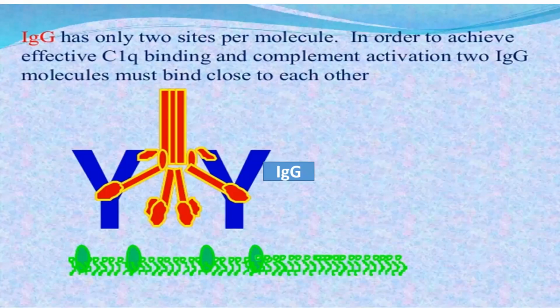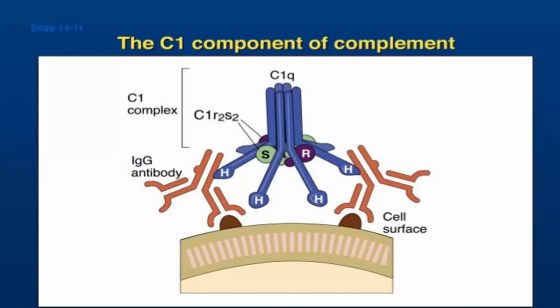This is the IgG antibody. There are two IgG antibodies, each a Y shape, some smaller molecules, and this is the binding of the protein. It binds like this to the IgG antibodies.